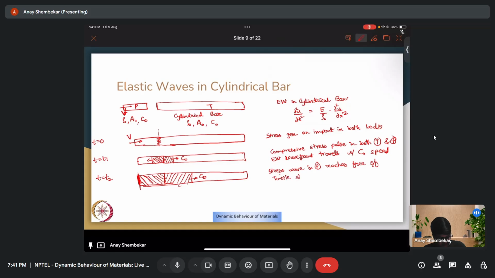Tensile stress generated to balance compressive stress at the free surface. This is basically your release wave.